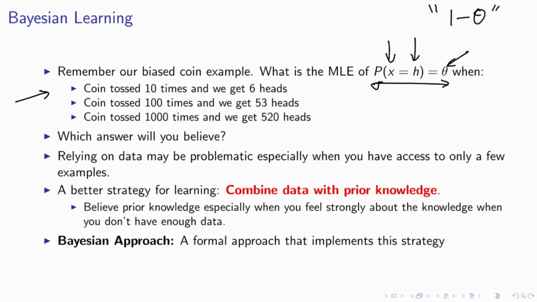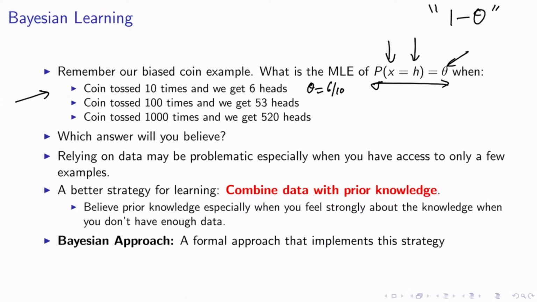The first experimental data: let's say we toss the coin 10 times and we got 6 heads. What is the value of the parameter theta using the maximum likelihood estimation approach? Our answer was theta is equal to 6 divided by 10.